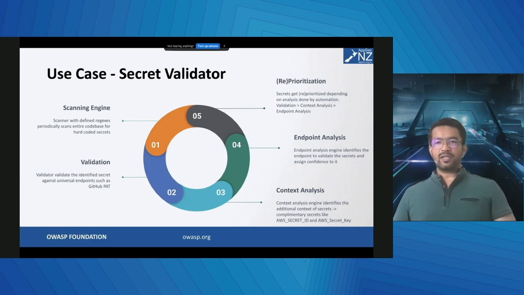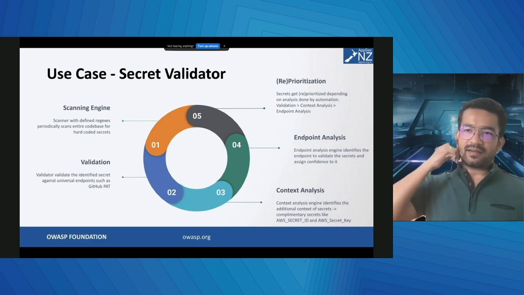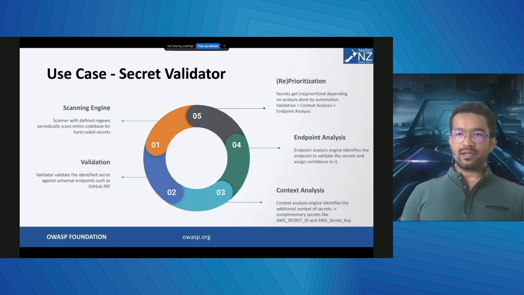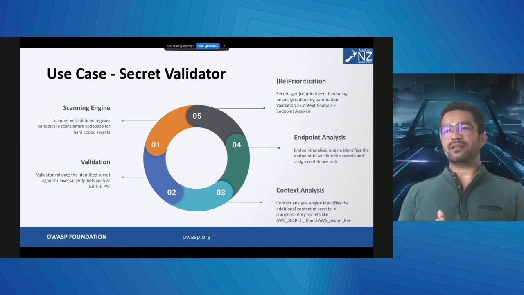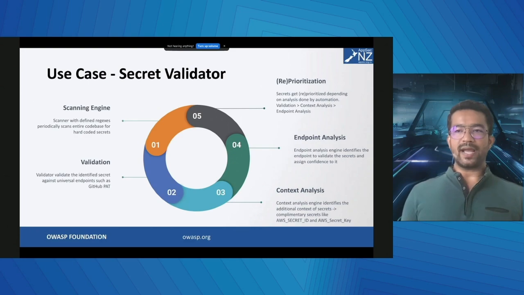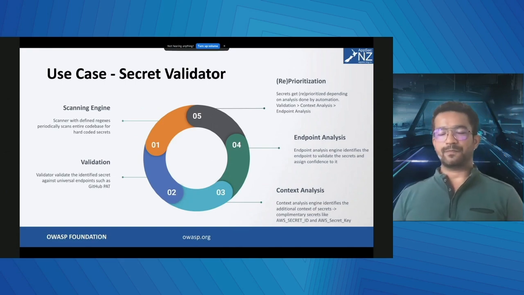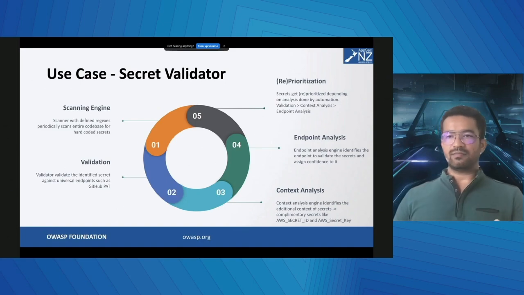Now, whoever has executed a secret scanning project will relate to me that a typical secret scanner, you can use any scanner, that doesn't matter, is bound to have false positives, because a typical scanner works by having defined regexes for different types of secrets, and those regexes run, and then there are false positives on top of that.